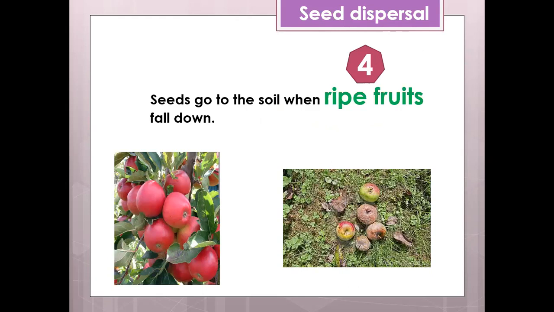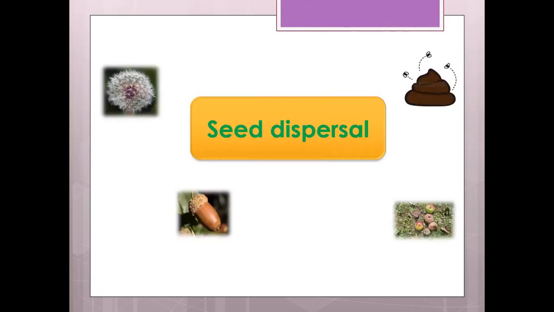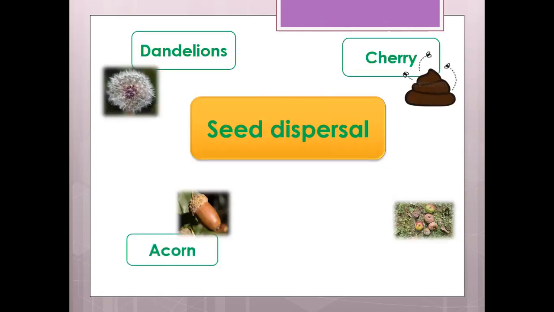It will be falling into the soil. So this is called seed dispersal: the falling of the seeds in the soil by wind like the dandelion, by squirrels like the acorn, by droppings like the cherry, by ripe fruits like the apples.